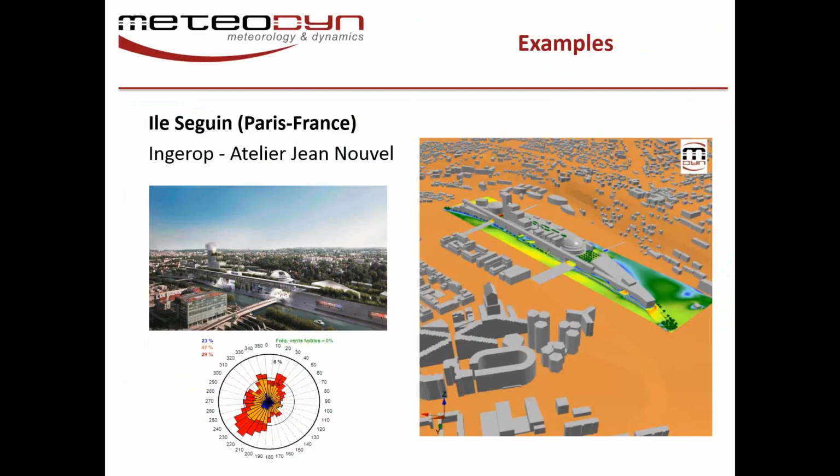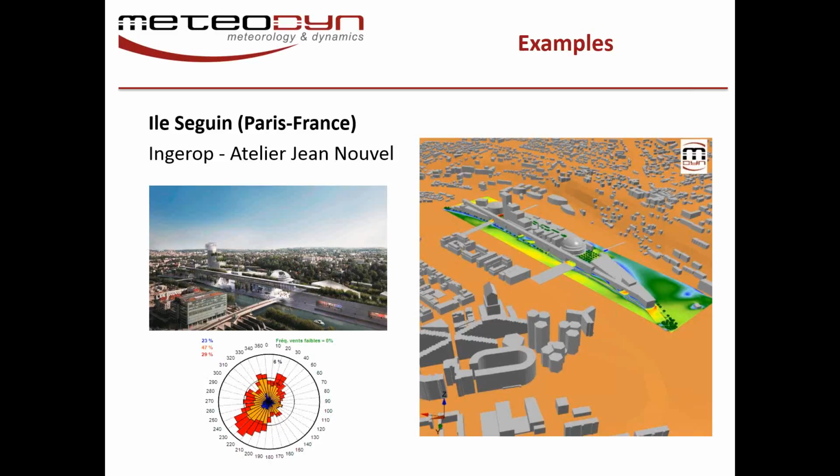There is no neighboring obstacle. So they would like to reduce, for example in this picture, the corner effect. So there is some improvement of comfort by positioning some trees or hedges.